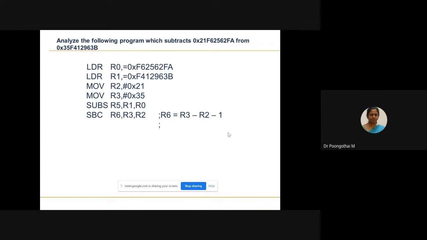Here they have taken 32-bit numbers, F62562F8 and F412963B. So this value is 64-bit and this value is 64-bit. First, they have completed LSB subtraction and then they perform MSB. Just analyze the program and tell me the answer.